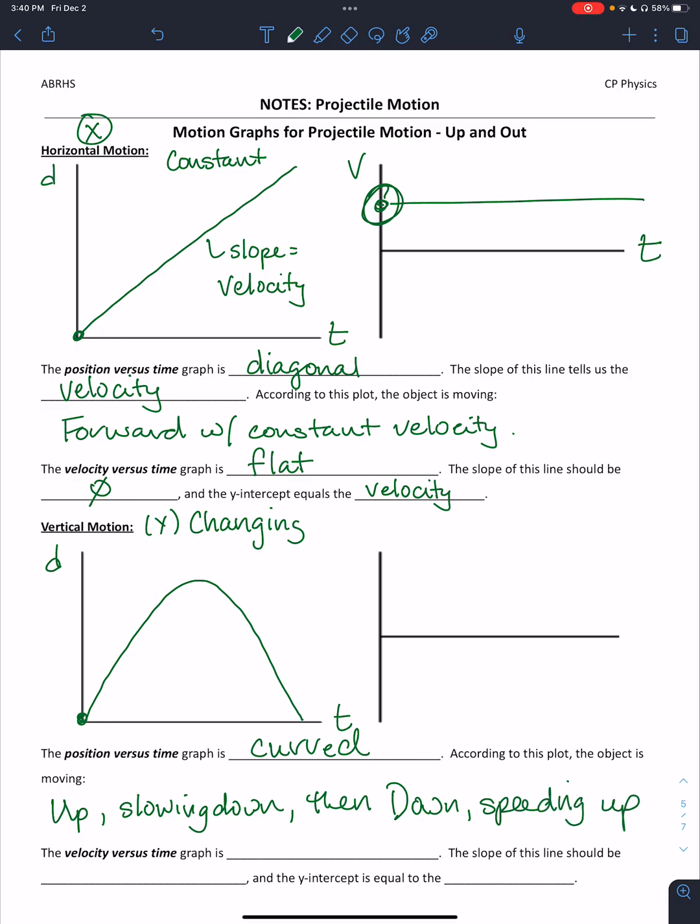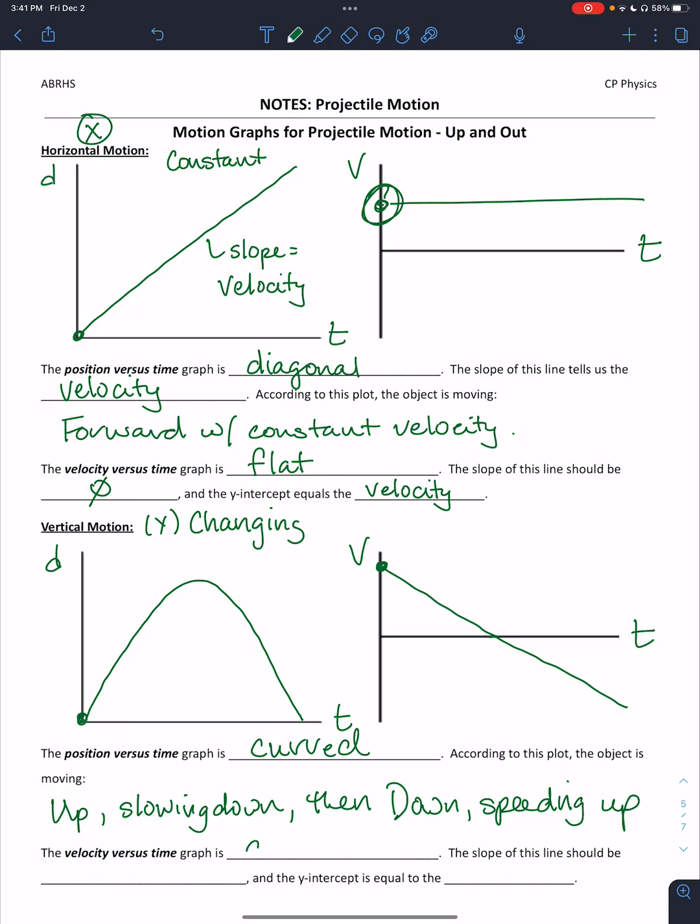For our velocity versus time graph, we've got velocity and time. It's not flat. Instead it is going to be a diagonal, but it's going to look a little different than our clip problem because we're going to start up and slow down. So we go to 0, and then we're going to change direction and speed up. It's going to look like this.